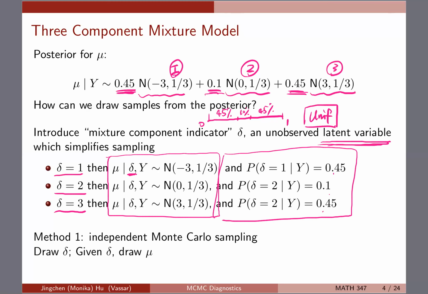If it's the first one, I sample from the first one. If it's the second component, it's gonna be from here. If it's the third component, it's gonna be from here. Okay, so this is a very common technique, and this is probably the first time for many of you to see this, but this is very useful, and for the sake of sampling, this is a widely used method.